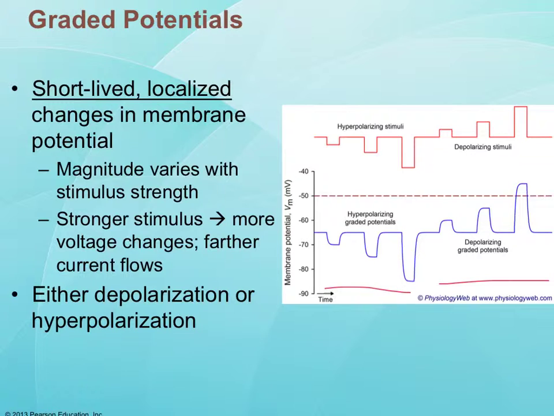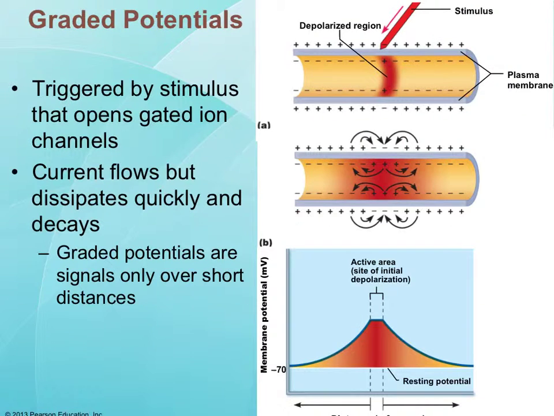The stronger the stimulus, the more voltage change, and it can be more hyperpolarized or more depolarized. A graded potential is like throwing a small rock into a calm lake, and you see the small rock drop into the water, and a wave forms from the location where the rock dropped in.